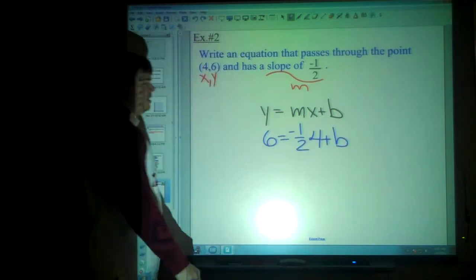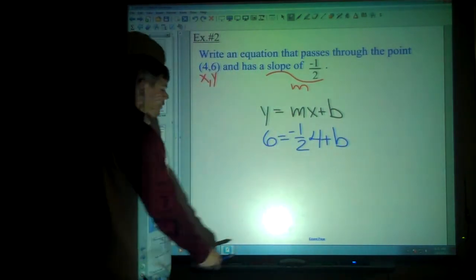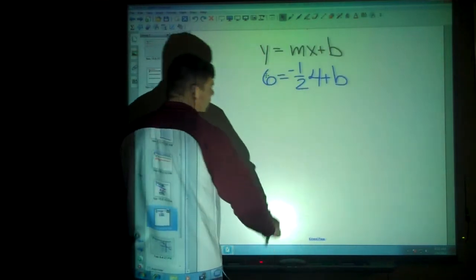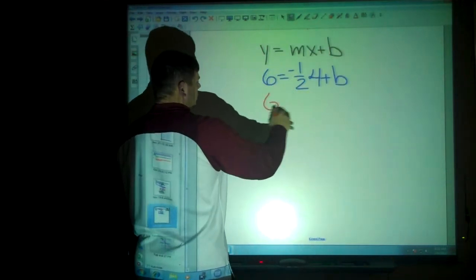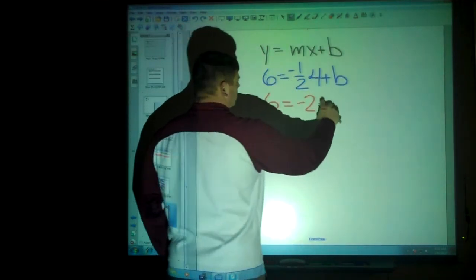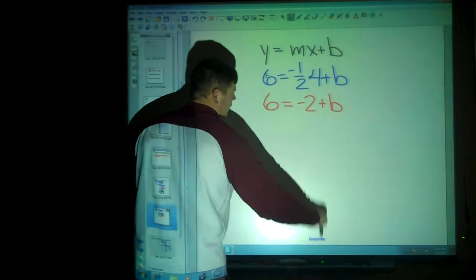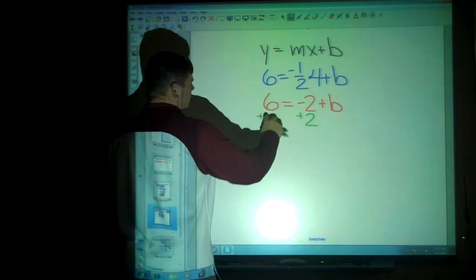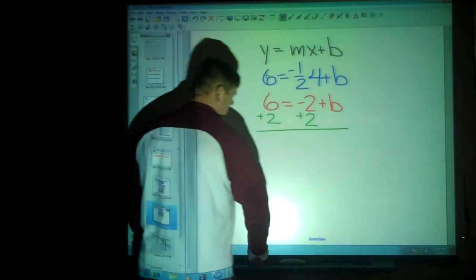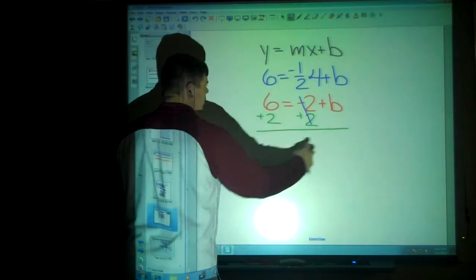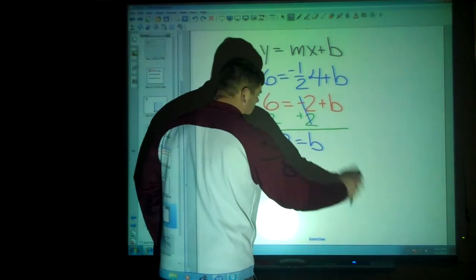What I don't know is the b value, but we can solve for it. So we multiply -1/2 times 4, which makes -2 plus b. Add 2 to both sides, and you have a b value of 8.